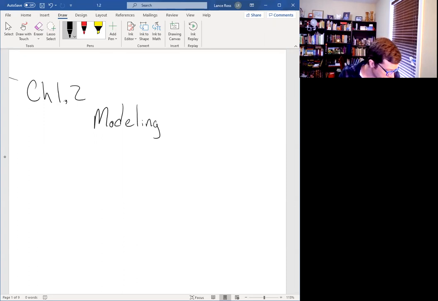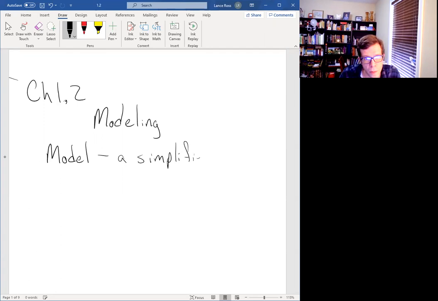So where do I want to start? A model is a simplified representation of a problem.